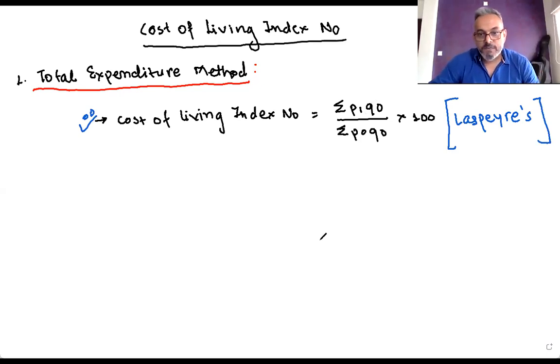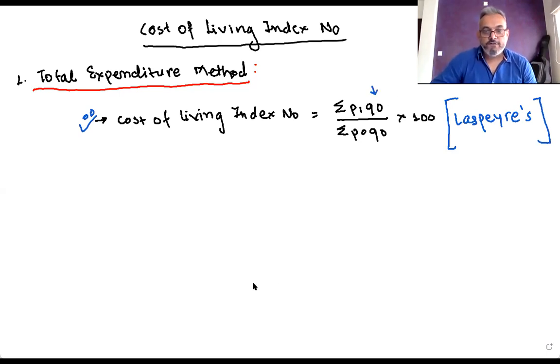However, if information for Q0 is not given, so here you can see that Q0 is used in the numerator and denominator.